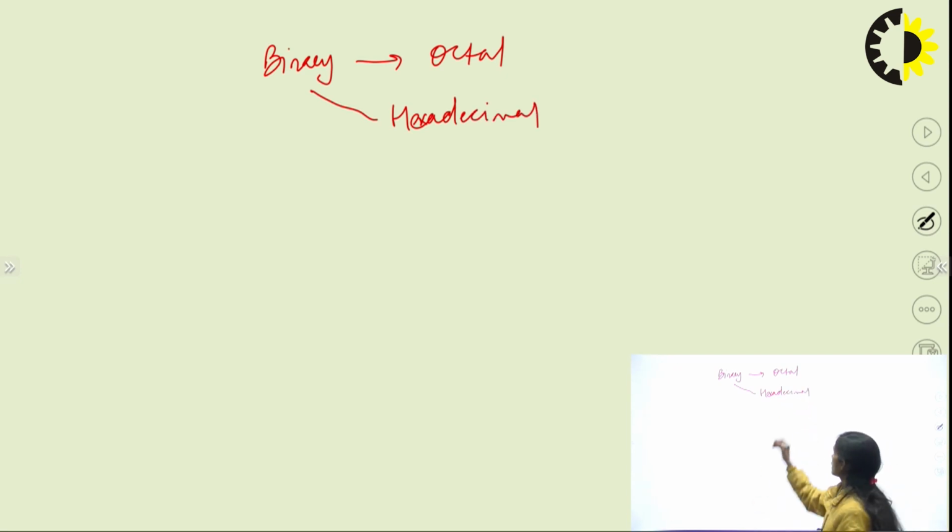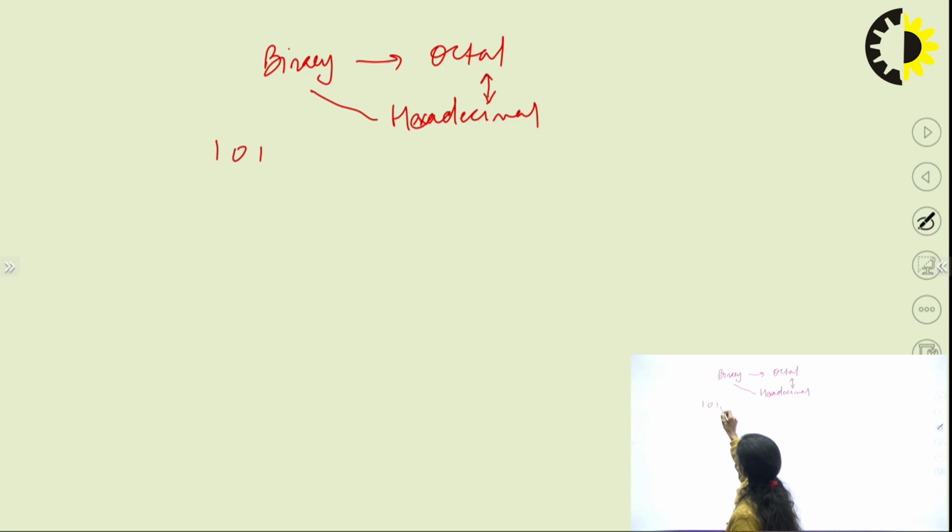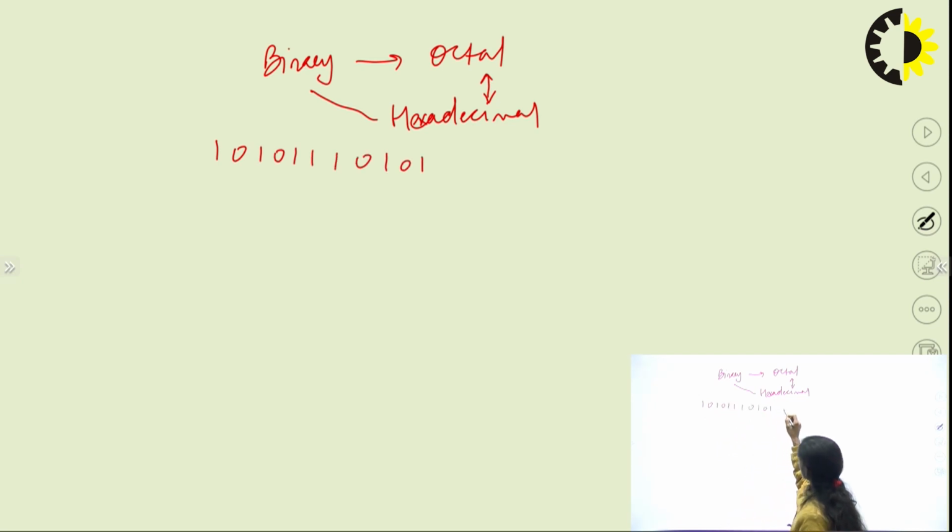Or we can also have interconversion between octal and hexadecimal. Let us see an example of how we can convert a number. Let us take a binary number, 1010 1110 1011 0111 0111.